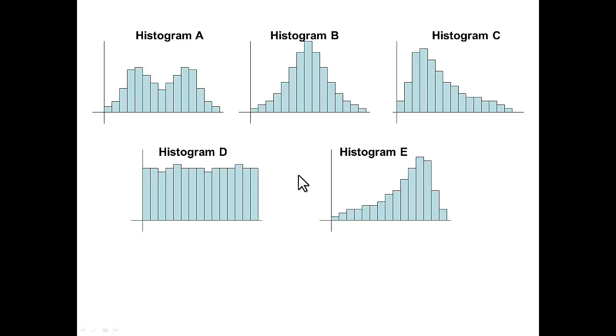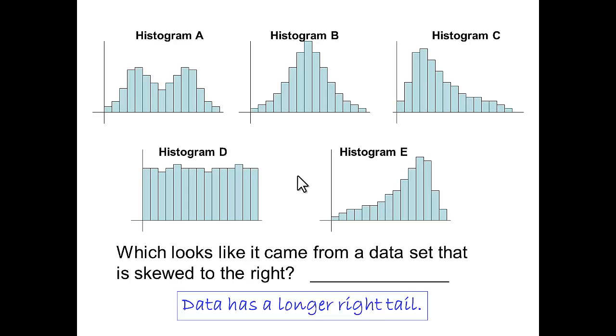Again, looking at the shapes. Which data looks like it came from a data set that is skewed to the right? When data is skewed to the right, it has a longer right tail. More data to the right than we would expect.